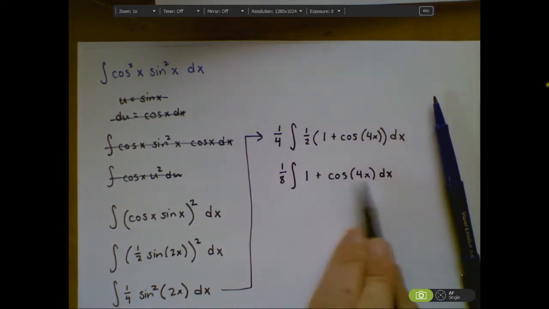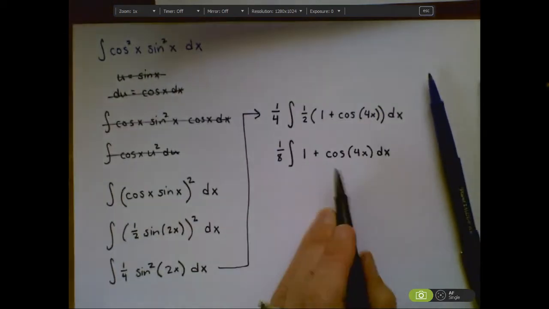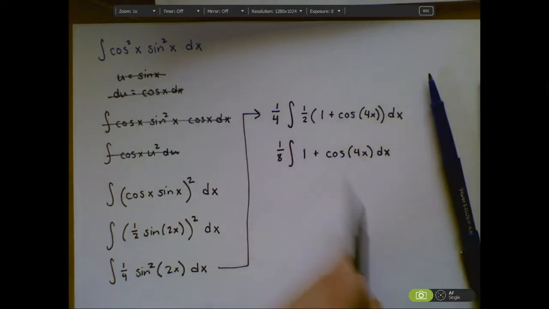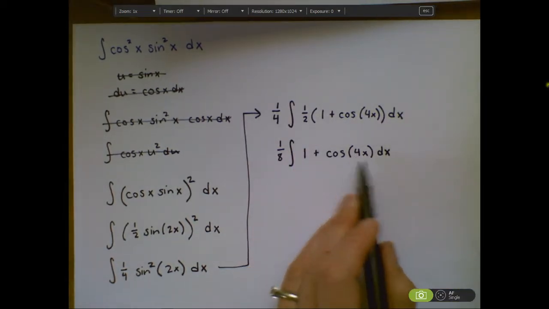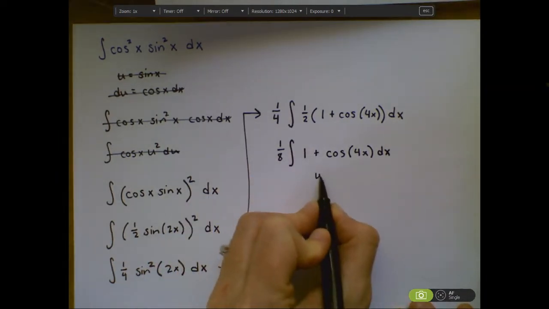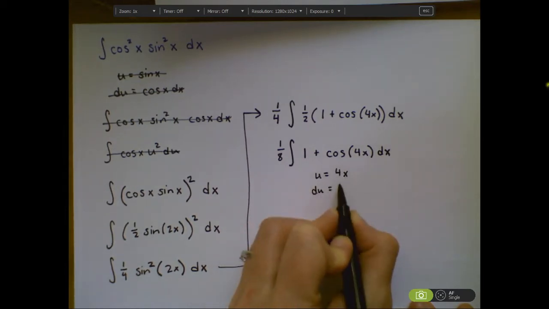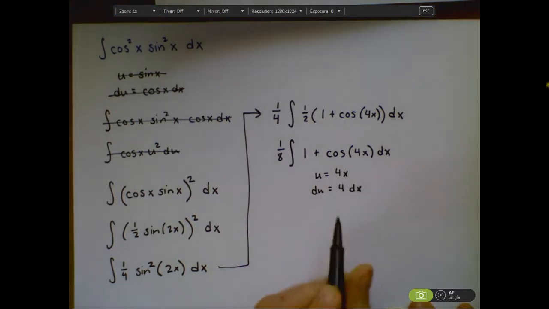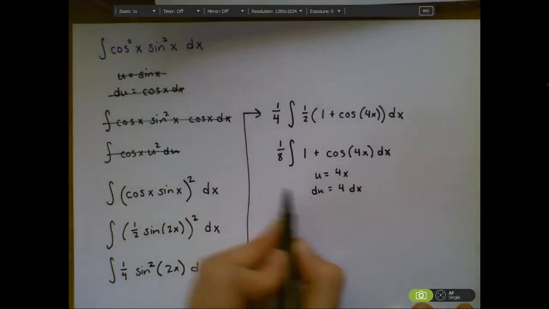Why is this good news? Because cosine is something that we do know how to integrate. Cosine squared is tricky, but cosine on itself, the integral of cosine is just sine. We are going to have to do a u substitution because it's not x in here, it's 4x, so that's a pretty easy step. I'm going to let u be equal to 4x, because then du is just equal to 4 dx. So I'm going to need to convert this by adding a 1/4.